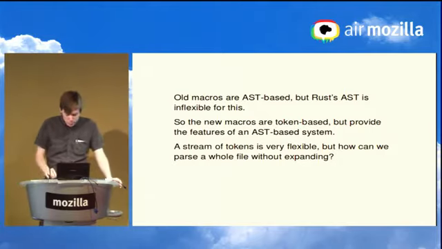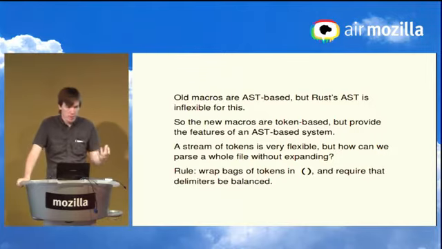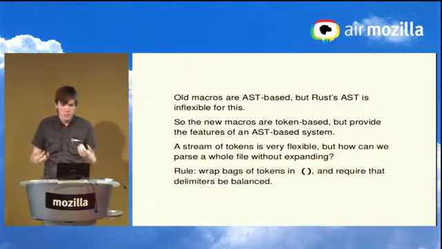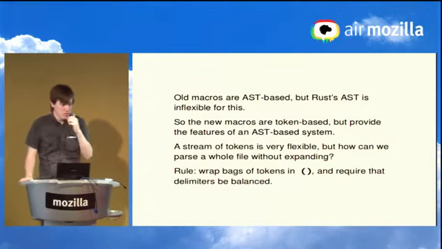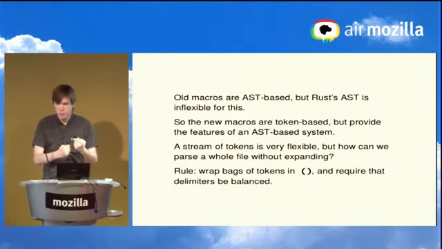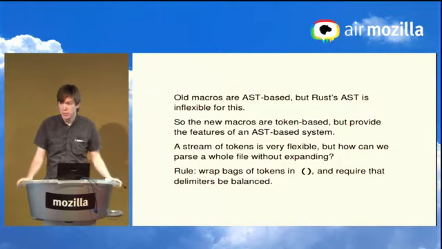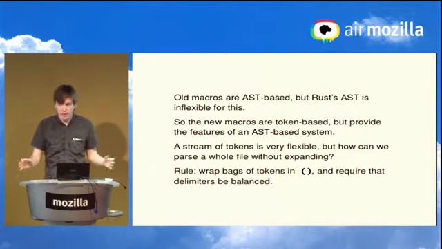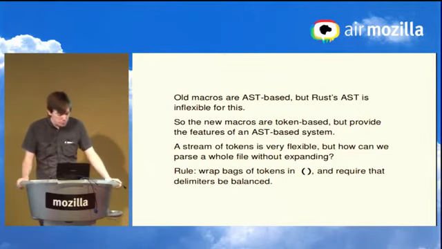So what we do is we decide that a macro invocation is a sequence of tokens surrounded by parentheses. And we'll say that you don't have to escape closed parentheses that you use as long as you have an open parenthesis that matches it. So basically, those macro invocations that we saw, although they looked fairly structured, and in fact were given a fair amount of structure by the macro definition, were interpreted by the parser as just a sequence of tokens about which the only thing it knew was that the delimiters in them were balanced.